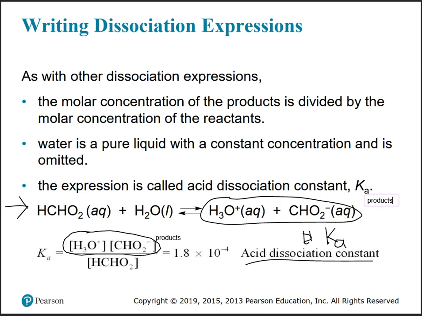So the hydronium ion is in brackets, and the formate ion is in brackets. On the bottom, you're only going to have your acid. Water is a pure liquid, so its concentration is constant. So we don't care about the water in our dissociation expression.